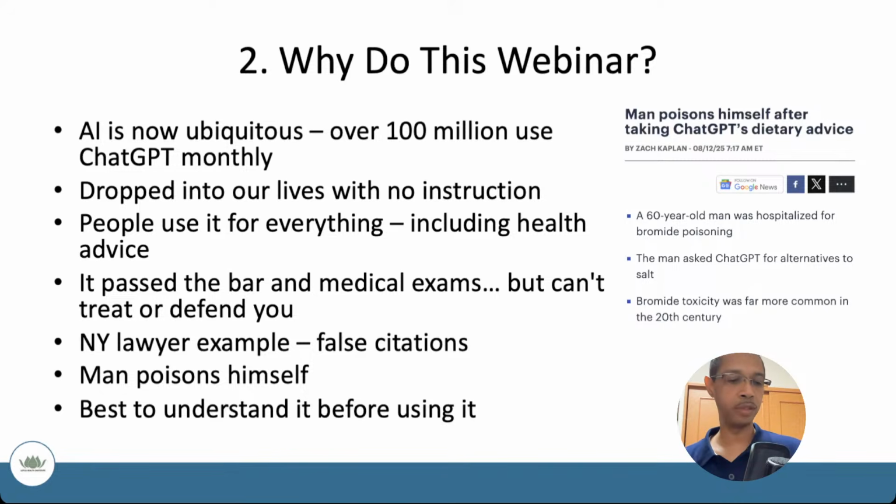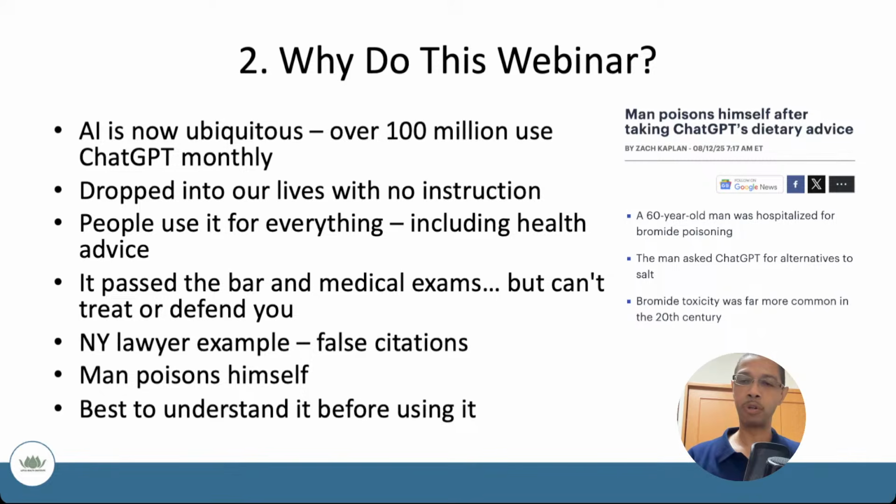ChatGPT, which is kind of the forefront in the public space of AI, has over 100 million users monthly, and this technology was just dropped into our lives a couple of years ago with no explanation and no instruction. And so there's a bit of misinformation on how it's being used or how it's supposed to work or how it does work. And it can get people into some trouble. It can be less effective than it should be. So people are using it for all kinds of things, right?